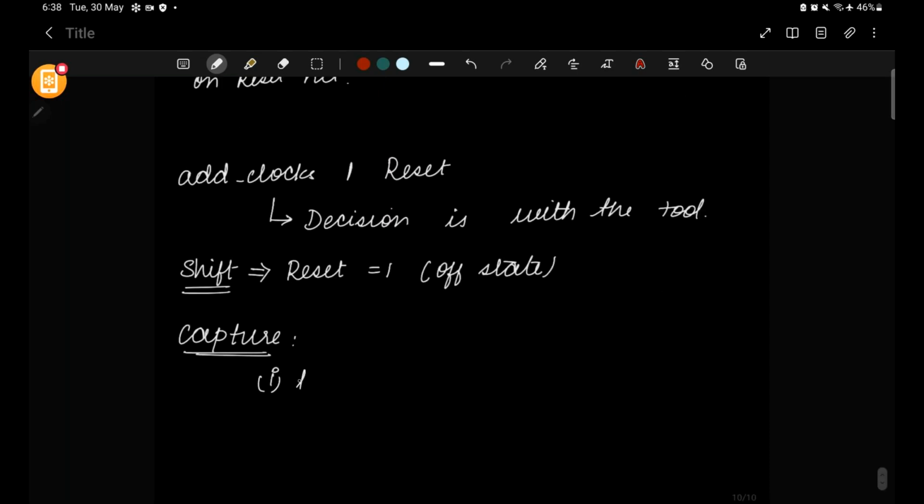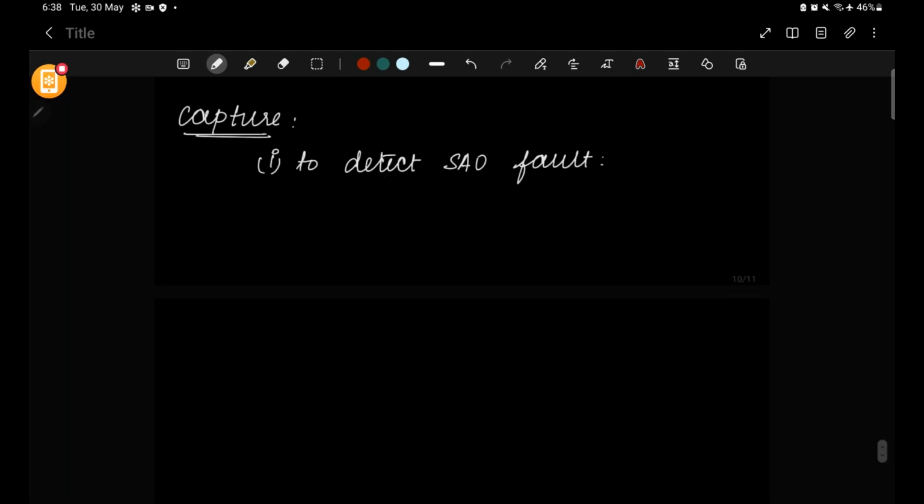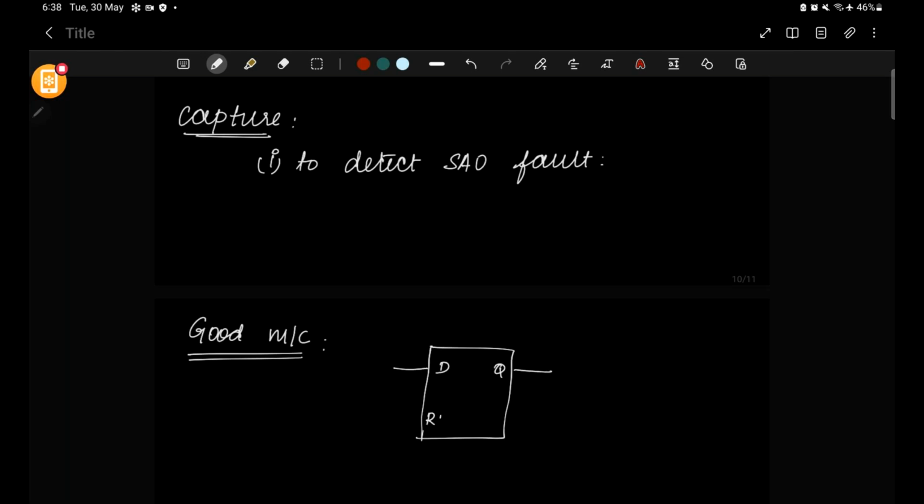If it wants to detect a stuck at 0 fault, the tool considers a good machine and a faulty machine. Stuck at 0 means assume a fault, that is stuck at 0, and force the opposite value according to the D algorithm. This is D, this is Q, and this is reset.